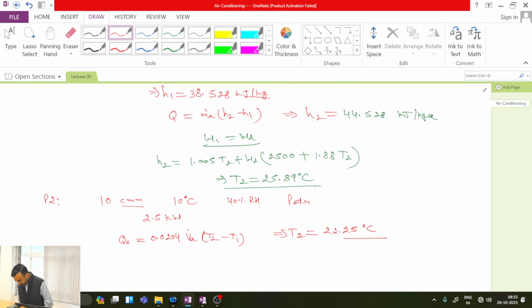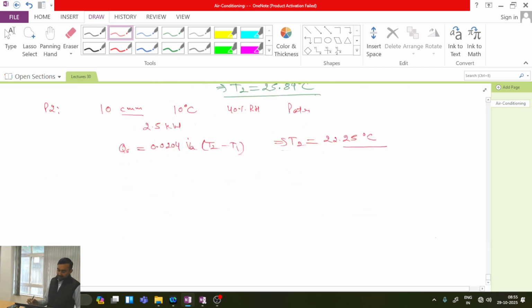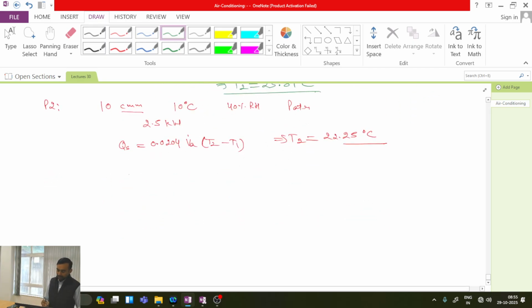So how I can convert it? Please tell me. How I can convert? Again, if I have to follow the exact systematic process, first I need to calculate the value of W1.